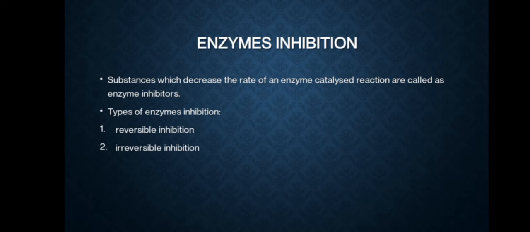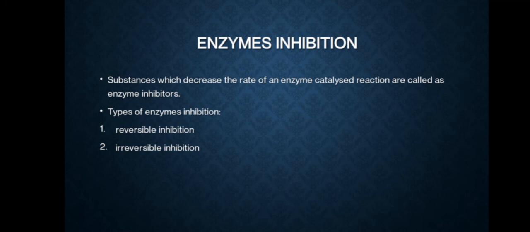And the next topic is enzyme inhibition. Substances which decrease the rate of an enzyme-catalyzed reaction are called enzyme inhibitors. There are two types of inhibition: reversible inhibition and irreversible inhibition. In irreversible inhibition, the inhibitor binds very tightly to the enzyme and does not dissociate from it.